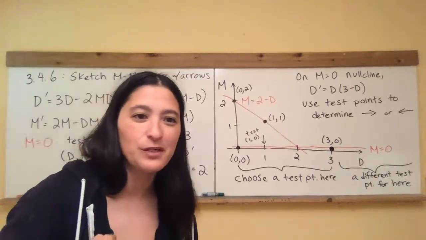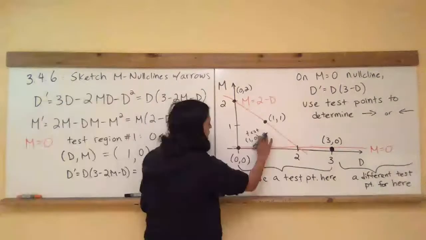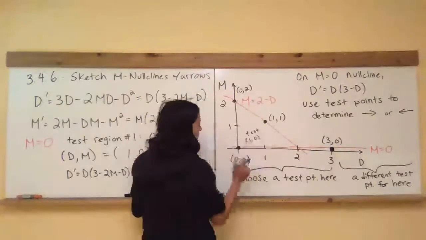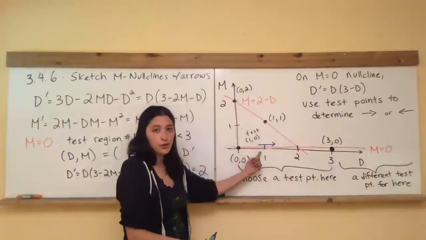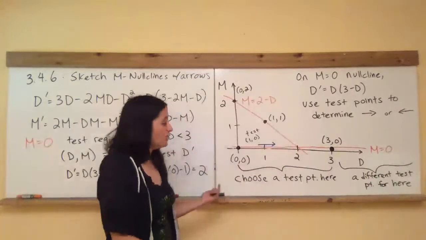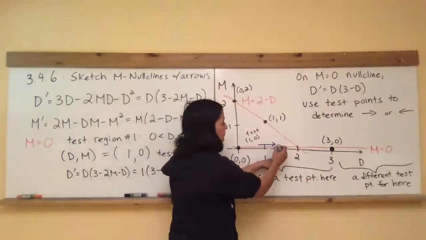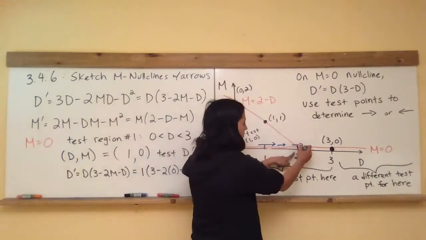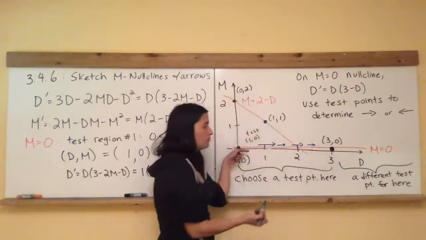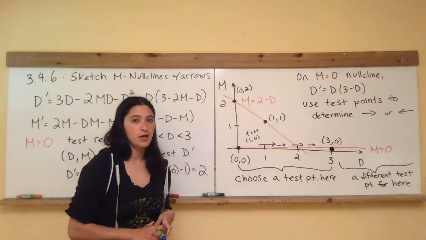Everyone's saying point it to the right, and you're totally right, because this is a positive value. Maybe I should stop drawing arrows here, but yes, the vector field's pointing to the right. Now, if you happen to pick a test point like 1.5, 0, you would still get a positive value. If you pick 2, 0, you would still get a positive value. No matter what you picked inside this region, you would always get a positive value.